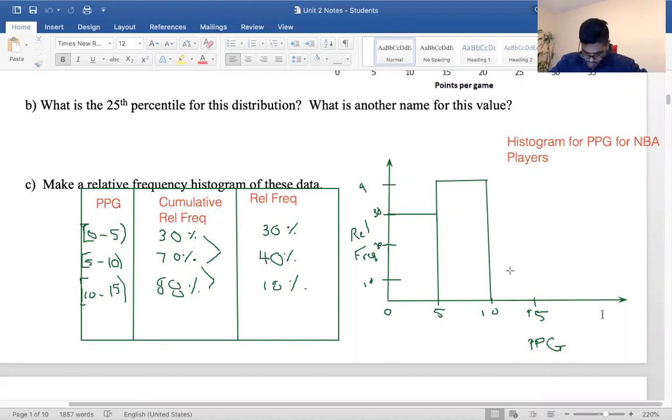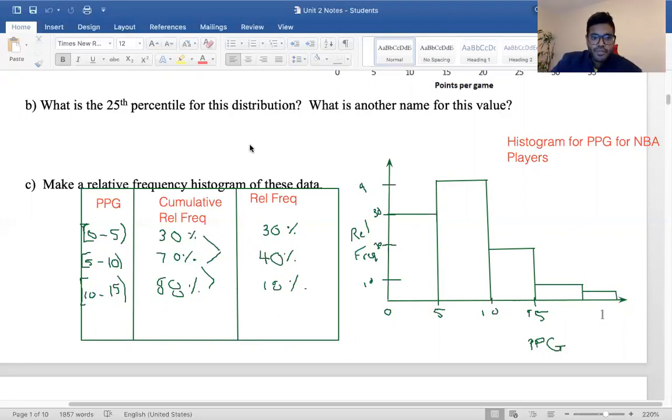And the next one, we had 18%. And if you kept going, you would get 4%. These just keep getting smaller and smaller as you go across here. So the histogram ends up looking something like this.